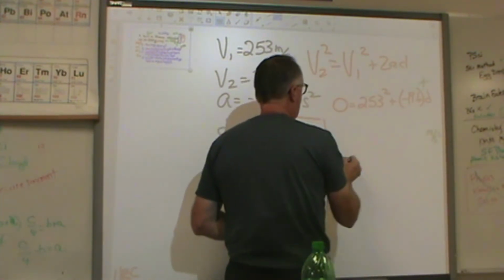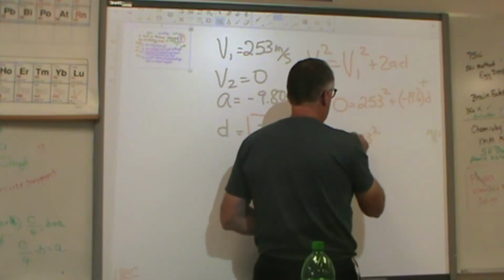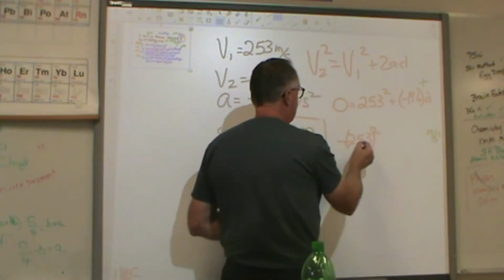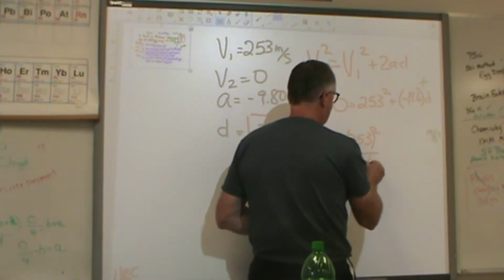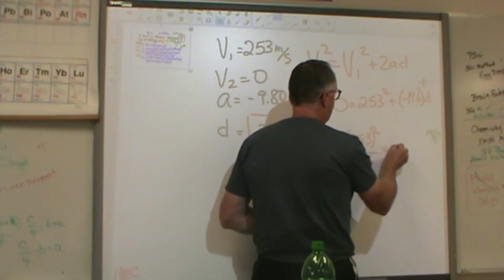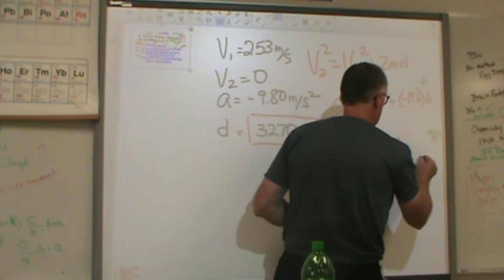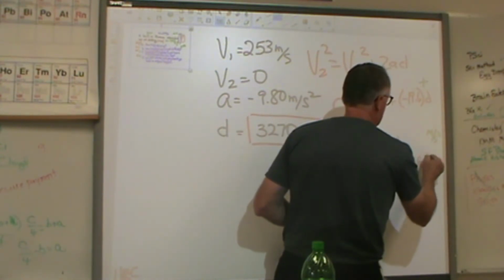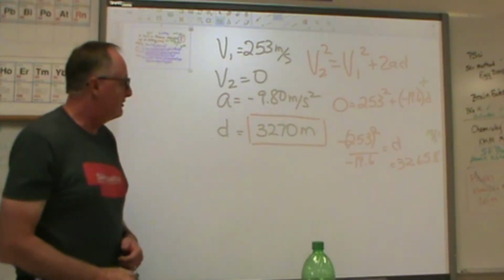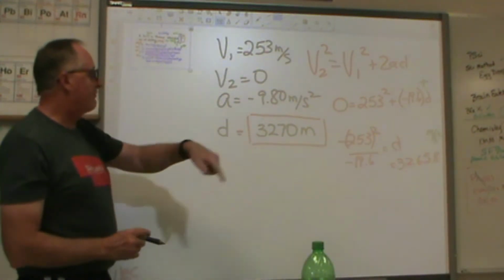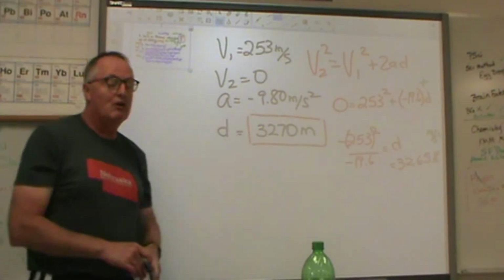So I move this over and it'll be negative 253 squared. But it's going to be negative once you square that. You don't square it and get a positive there. Over negative 19.6 equals d, which equals 3265.8 or something, and it rounds off to 3,270 meters, a long way up.